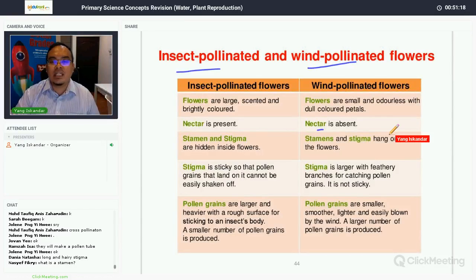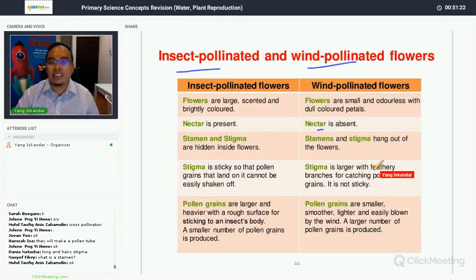That's why they hang out from the flowers. And the stigma is larger with feathery branches for catching the pollen grains, and it's not so sticky. The pollen grains are smaller, smoother, lighter, and easily blown by the wind. And usually a large number of pollen grains is produced.